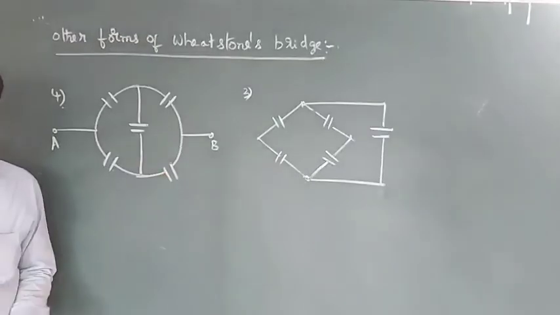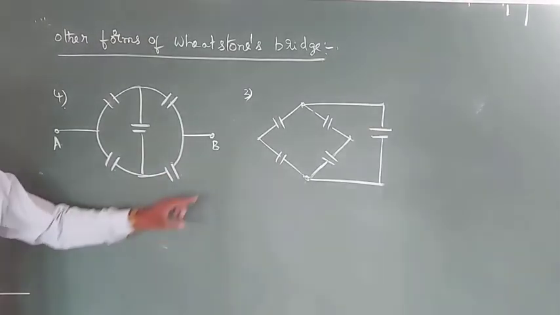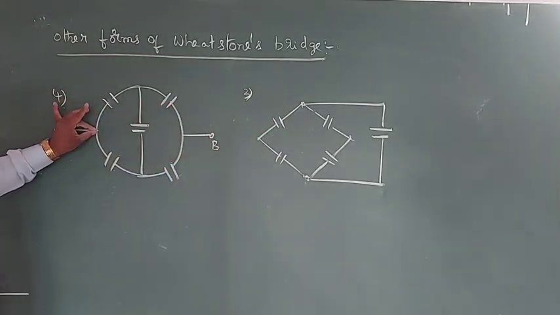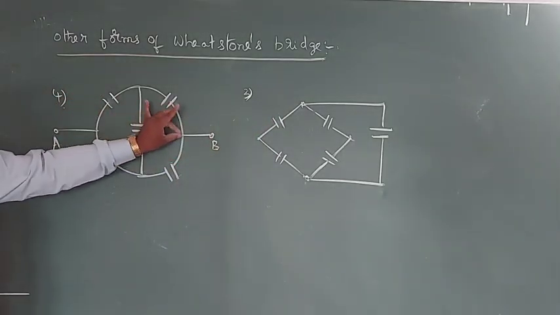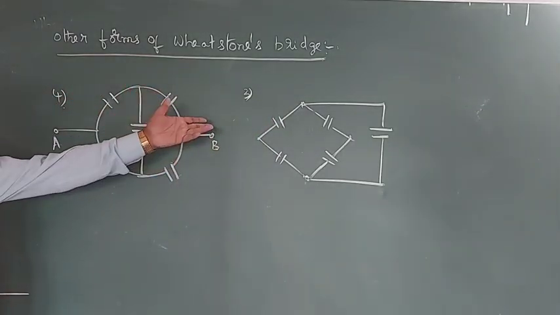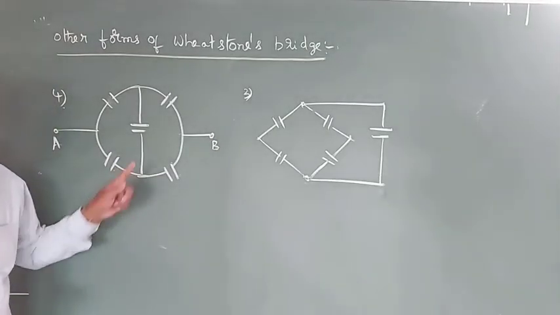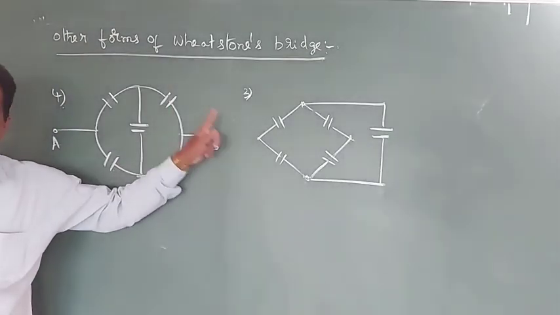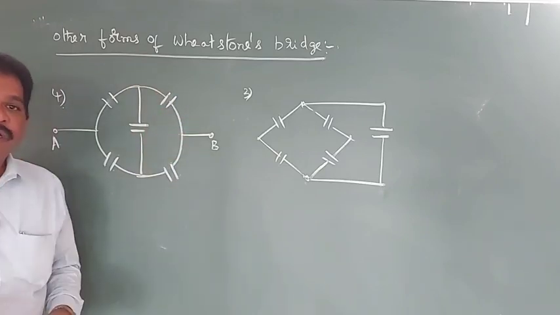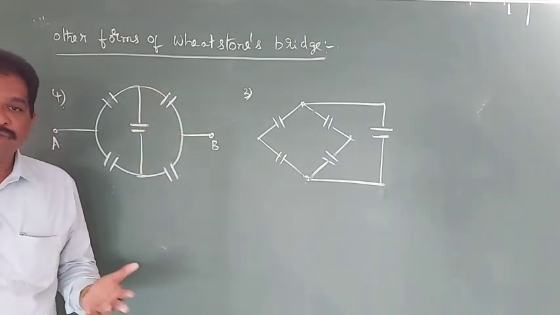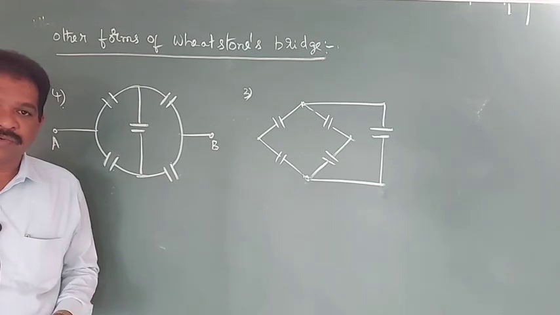This is also a Wheatstone bridge circuit. So definitely, you observe this one, these 2 points are here and these 2 are here. So that will be a Wheatstone bridge circuit. So like this, if it is in this form or in this form or previous forms, all are related to the form of the Wheatstone bridge circuit only.